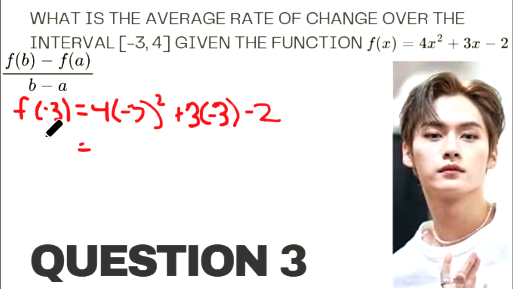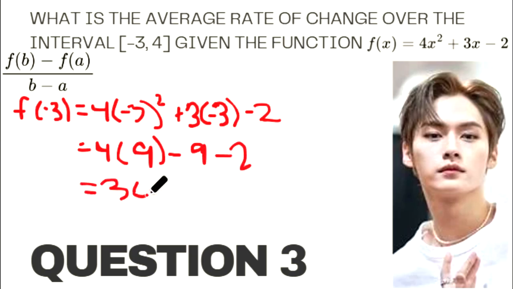Negative 3 squared is positive 9, so that becomes 4 times 9. 3 times negative 3 is negative 9, and we still have our negative 2. 4 times 9 is 36. Negative 9 and negative 2 is negative 11, so our y coordinate for this one is going to be 25.